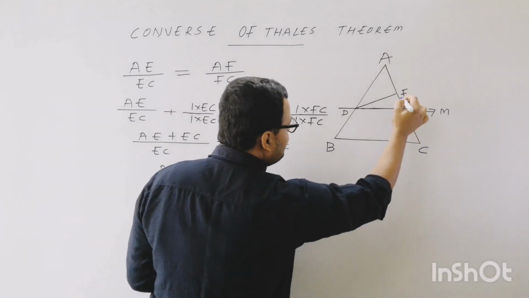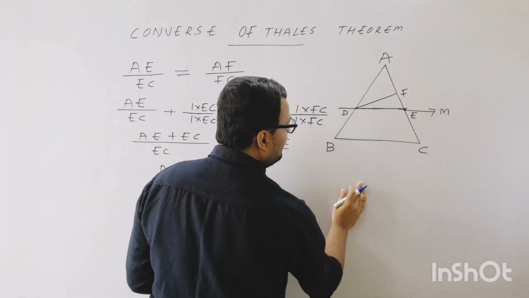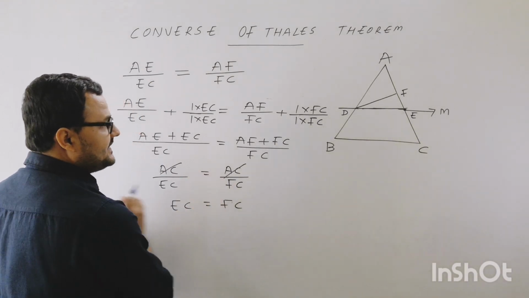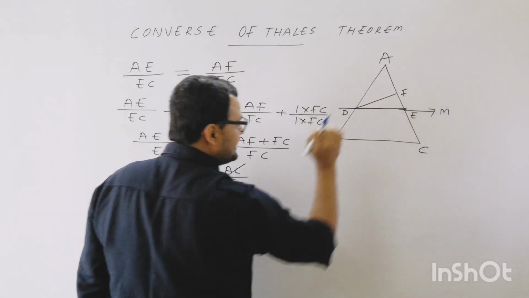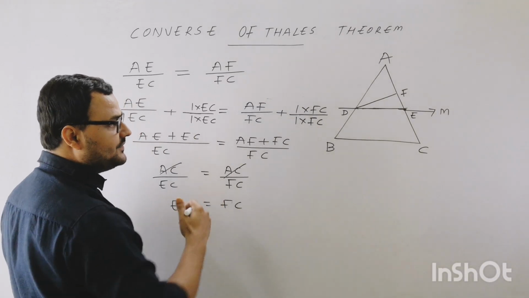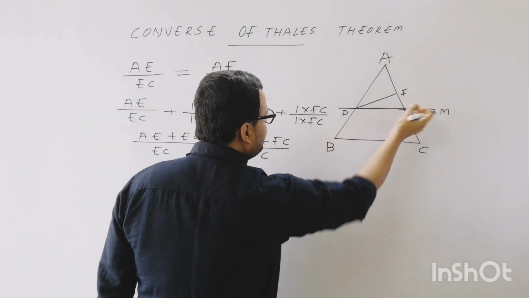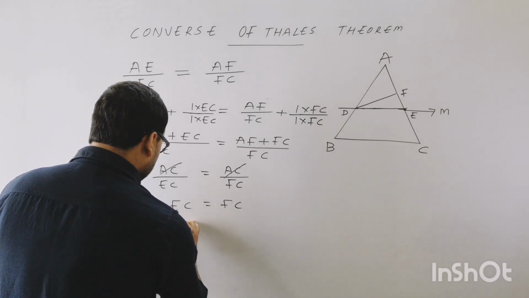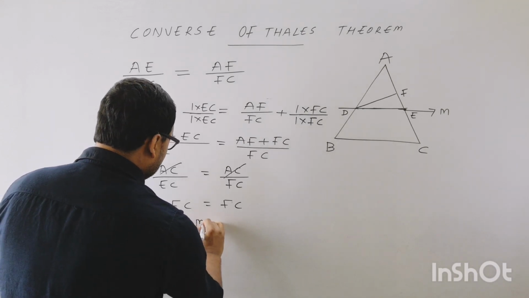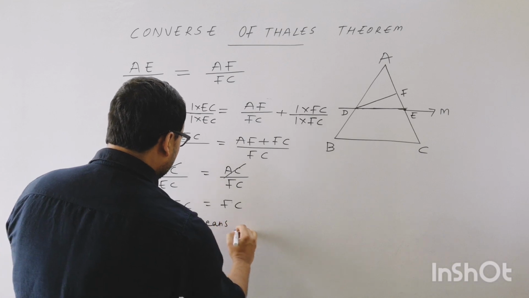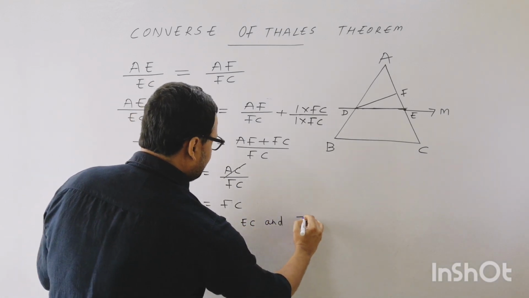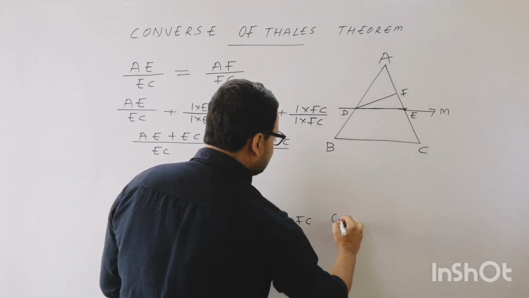When they are equal, this point F will come onto this point E. So we got EC equals FC, and DF was parallel, which we just assumed, then this DE is also going to be parallel. So we can write, it means EC and FC coincide.